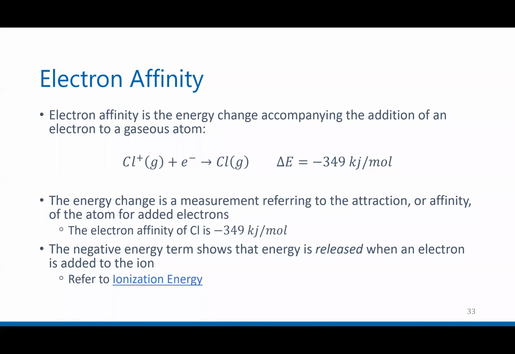If I have an affinity for cats, that means you like cats better than dogs. If I have an affinity for dogs, I like dogs better than cats, right? An affinity is like an attraction. So electron affinity is kind of a number. It's the energy related to how much this atom is attracted to electrons.